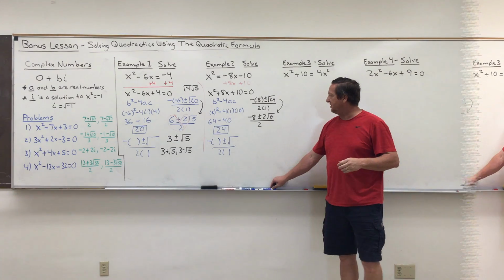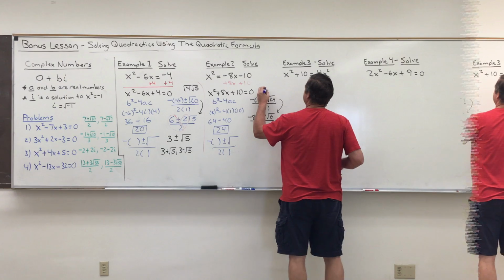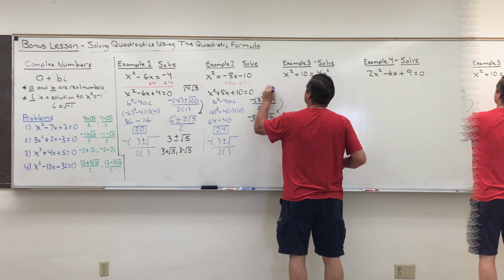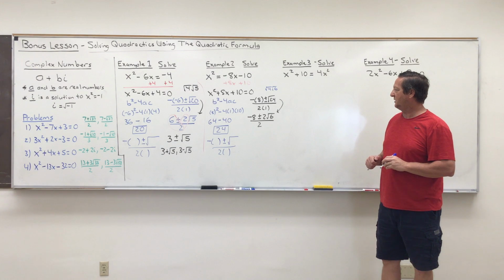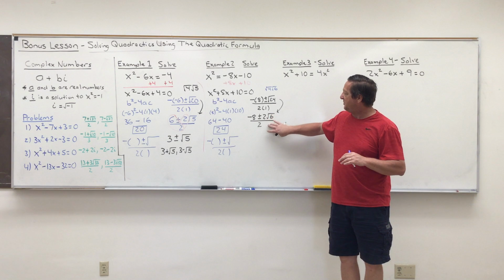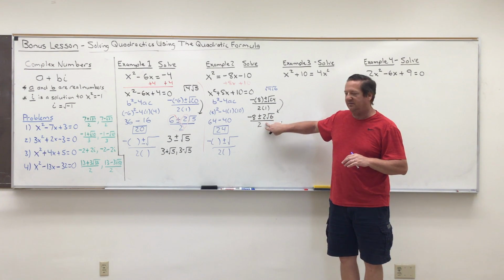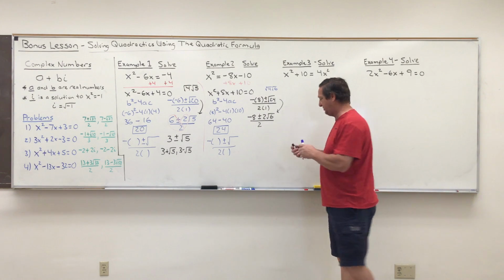And of course, the square root of 24 simplifies to 2 radical 6. Okay? All right, let me show you the other version. So I simplified last time, I did the heart, and then I did one with the plus and one with the minus. You might have some teachers write it like this.